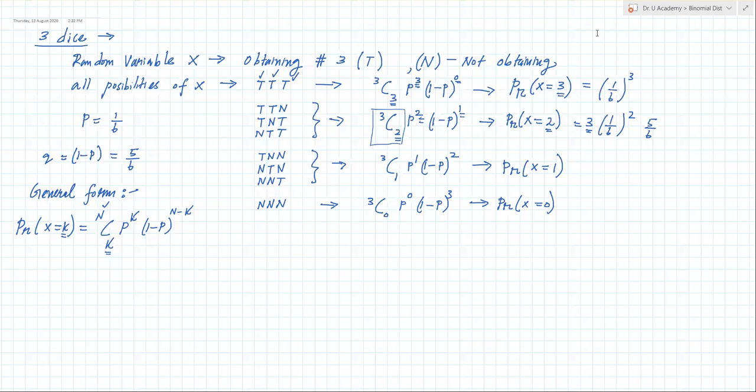It's very easy, right? The probability of this one would be 1 divided by 6 squared times 5 divided by 6. Why? Because you have 2 threes, that is 1 divided by 6 to the power 2, and you have 1 non-three, that is 5 divided by 6. How many of those arrangements do you have here? 1, 2, 3. So that's why you have 3 here.